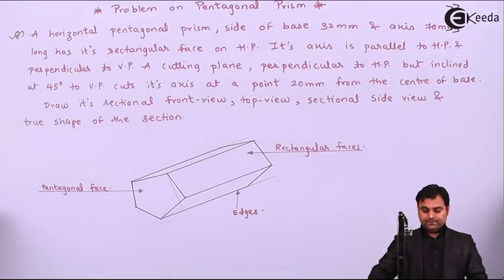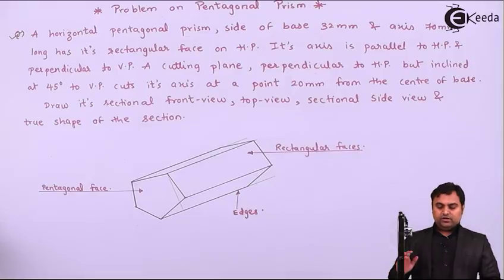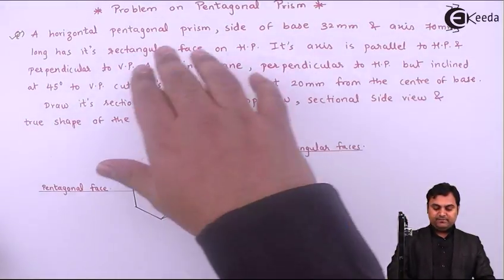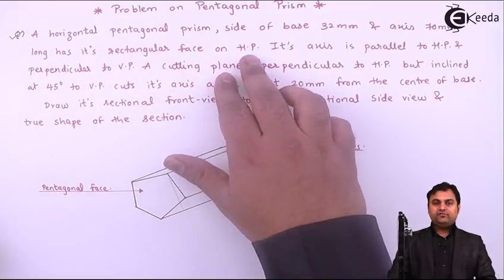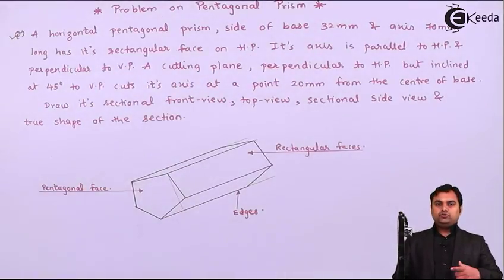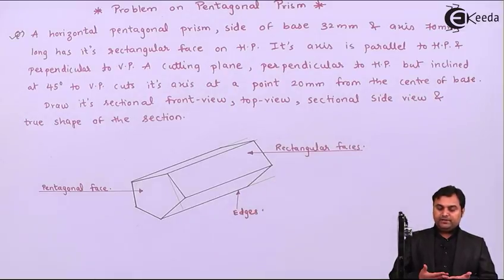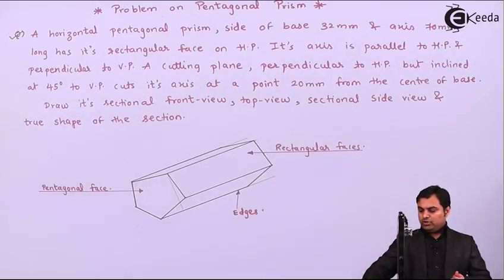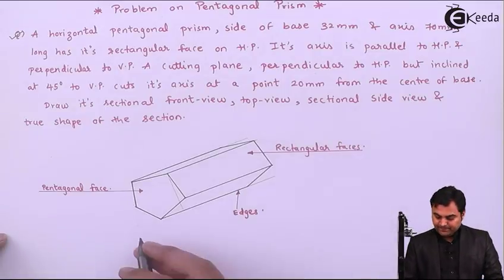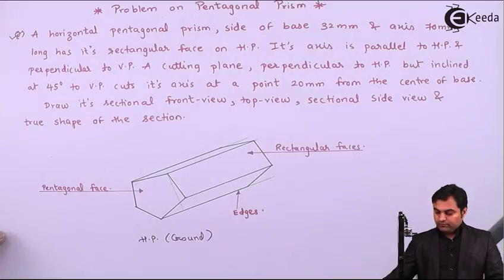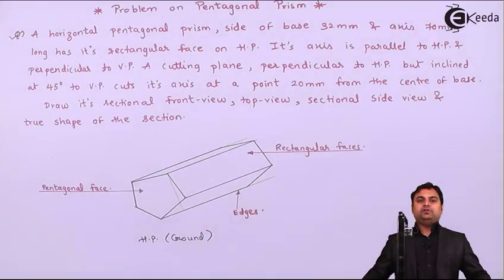Now in the question it is given that a horizontal pentagonal prism, side of base 32 mm and axis 70 mm long, has its rectangular face on HP. So it is kept in this way which I have drawn here. Ground is also called as HP. So here the pentagonal prism is kept on the ground.